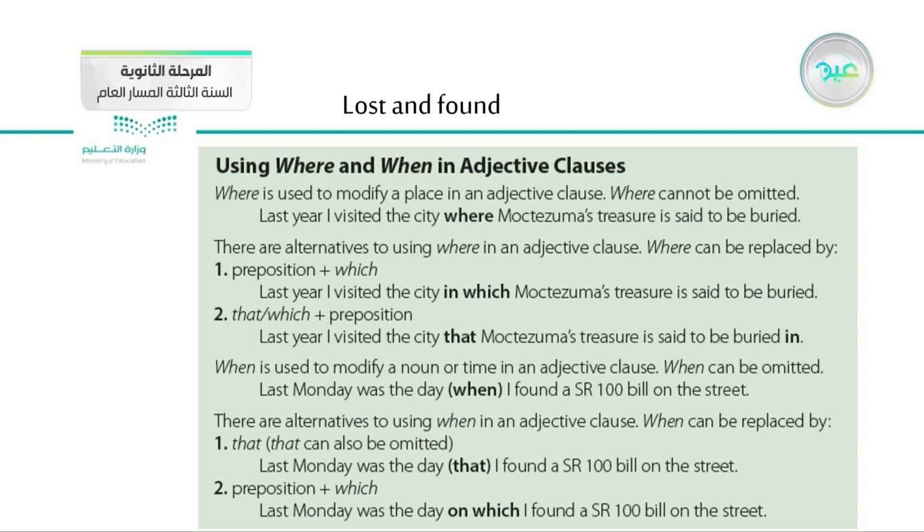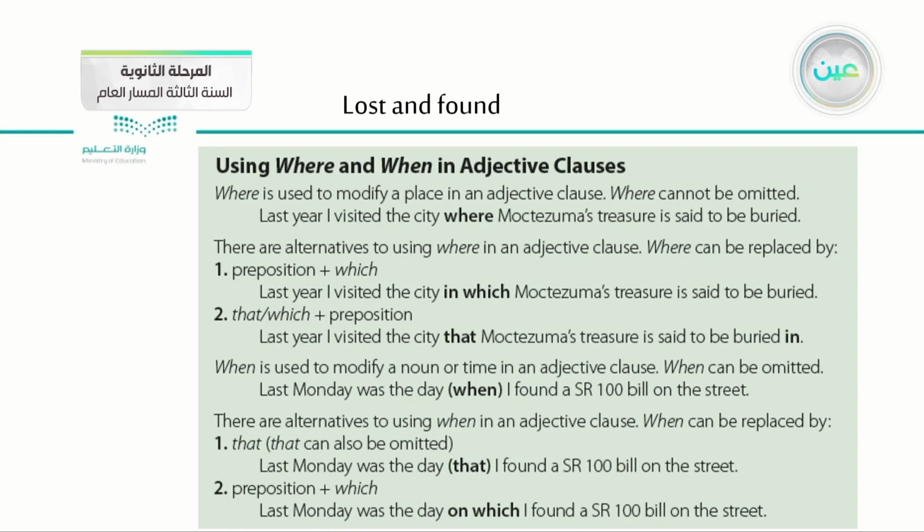Here we have an example: last Monday was the day when I found a 100 riyals bill on the street. As you see here, we used when to describe the Monday, which is the day that he found a 100 bill on the street. There are alternatives to using when in an adjective clause.